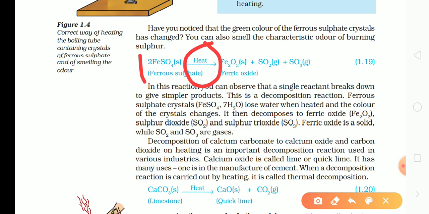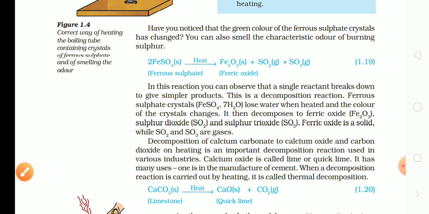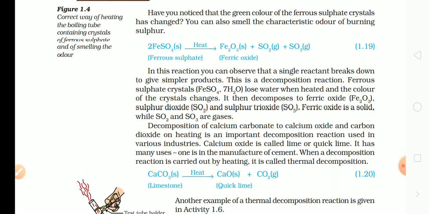In decomposition reactions, we need to supply energy, or the energy is taken in. And these kinds of chemical reactions are called endothermic reactions. Chemical reactions in which energy is taken in are called endothermic reactions. So, decomposition reactions are usually endothermic in nature.